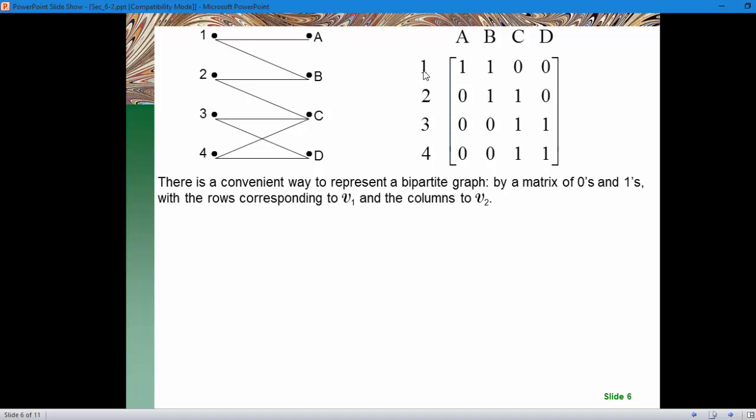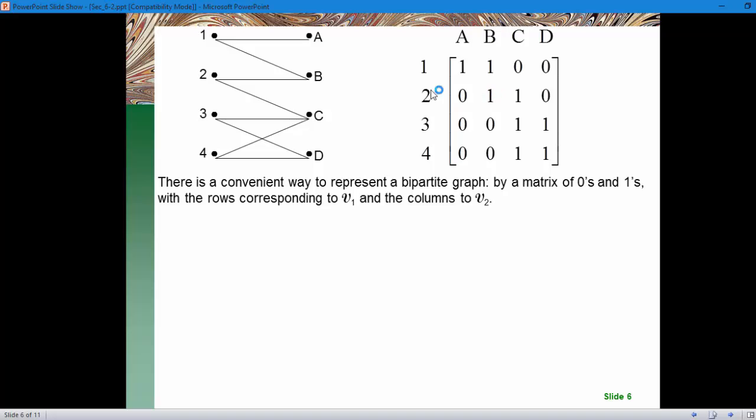Here there is one edge from 1 to A, there's one edge from 1 to B, and there are no edges from 1 to C or 1 to D. Here there are no edges from 3 to A, and there is one edge from 3 to C. Notice that there is no danger here of missing edges. For example, if I had an edge from 2 to 3, I couldn't express that edge using this matrix.